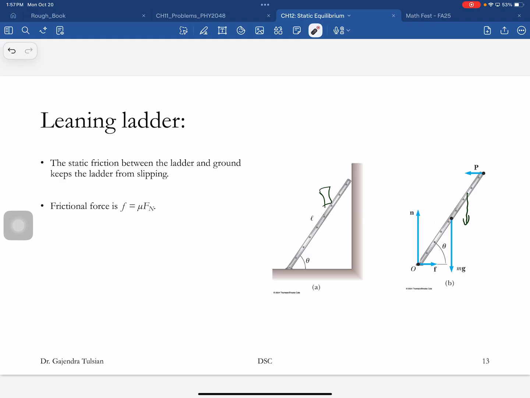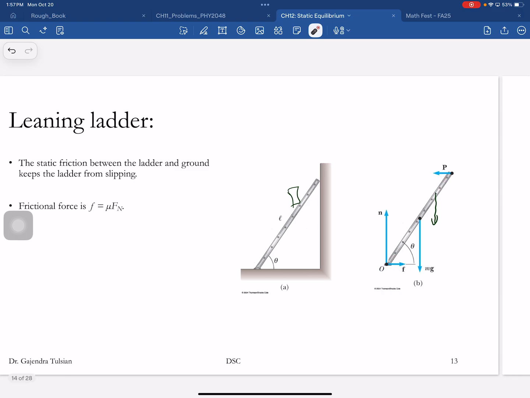If you invented that boot, you probably are a millionaire by now, if you have a patent. And then what you did was you put the heaviest person on top of that ladder and made sure that this friction force was large enough. That's what you did.